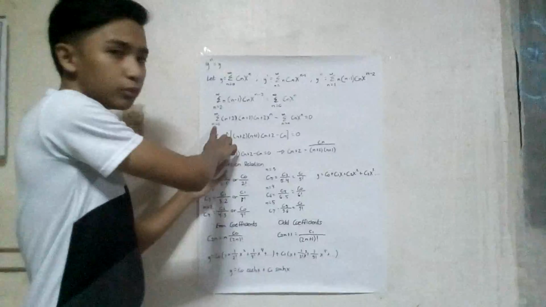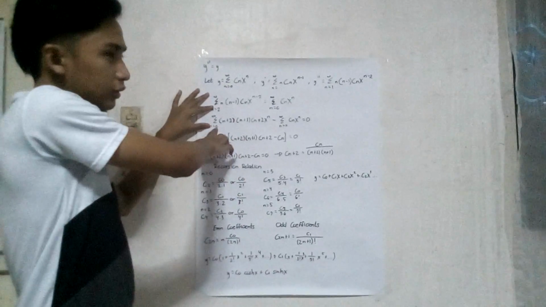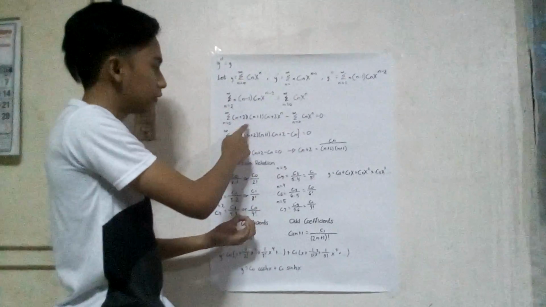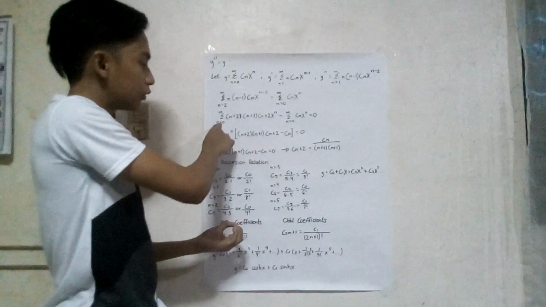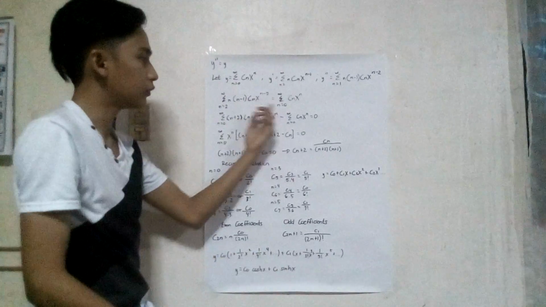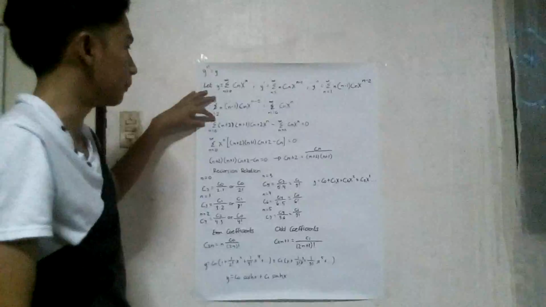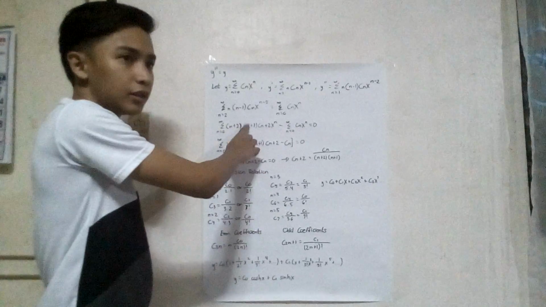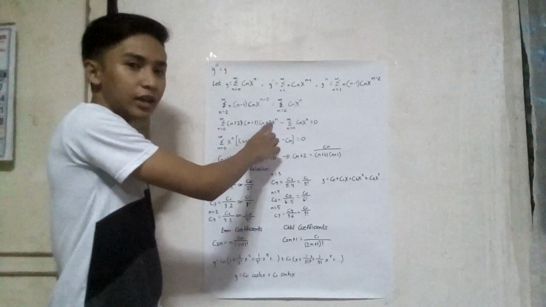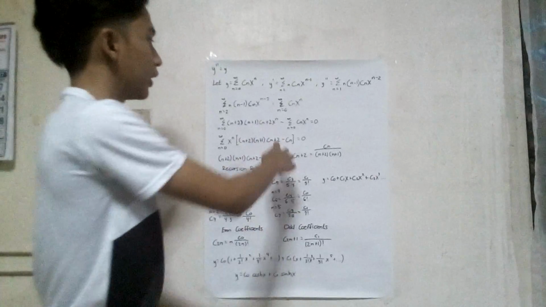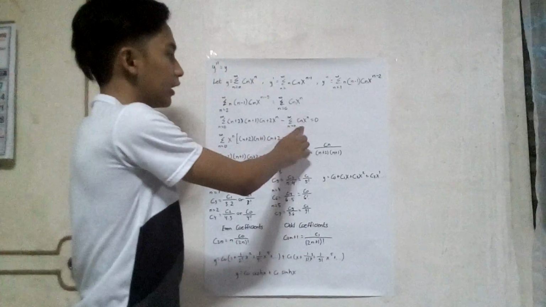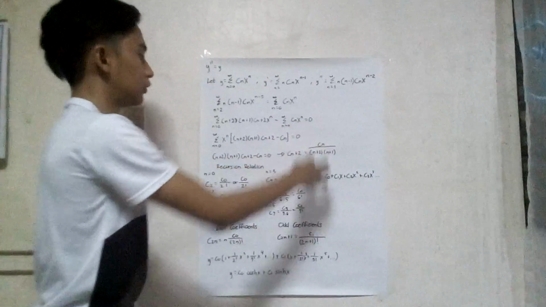So if we subtract the index here, it becomes 0, and we add the index we subtracted to the equation above, which becomes the summation of n plus 2 times n plus 1 times cn plus 2 x raised to n, minus the summation of cn x raised to n, equals 0.